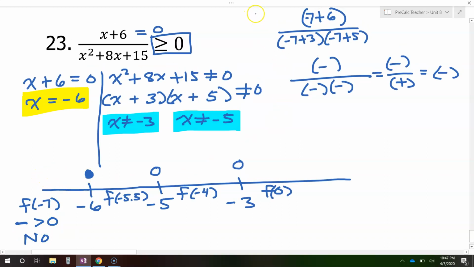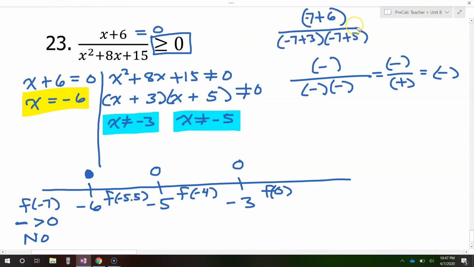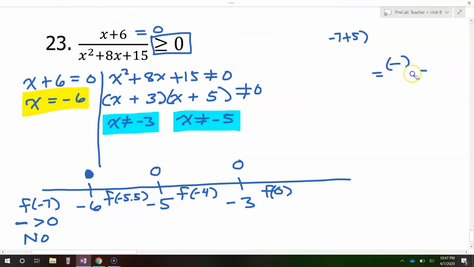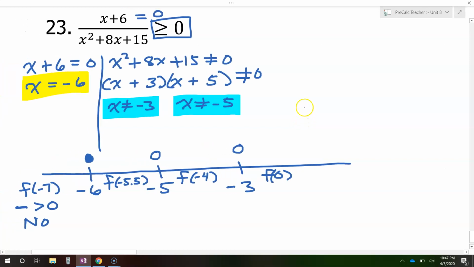So now it's time to check negative 5.5. Again, you are not allowed to erase your work like I just did. I'm just doing this so it will fit on the video. You can do your work over here. You have infinite space. All right, but I'm trying to keep it all in frame. Okay, we're checking negative 5.5.